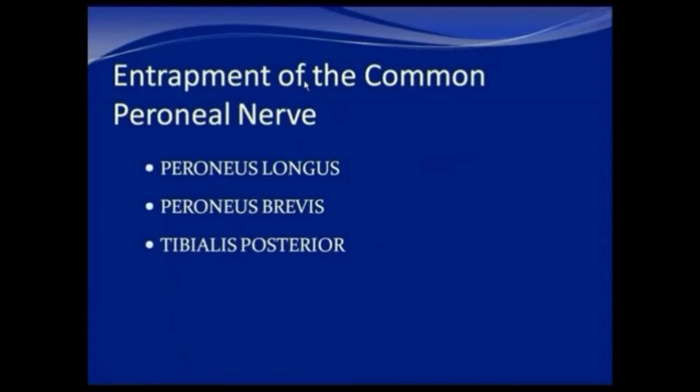Now we'll move on to the entrapment of the common peroneal nerve. This is more often than not found in athletes and usually stumps the orthopedic surgeons who are the physicians for these athletic teams.